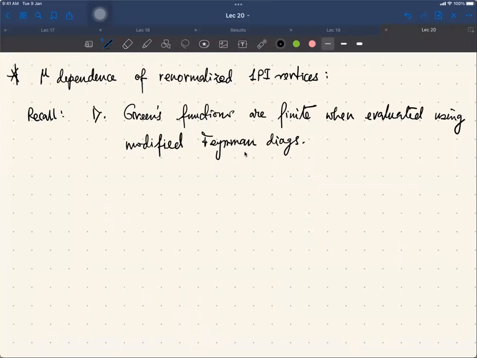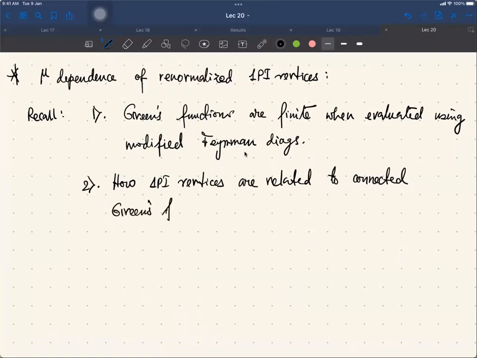Right? And then the relation between the 1 pi vertices and connected Green's function. These two things we shall use.